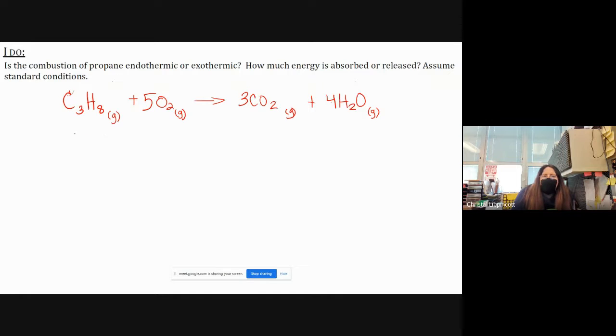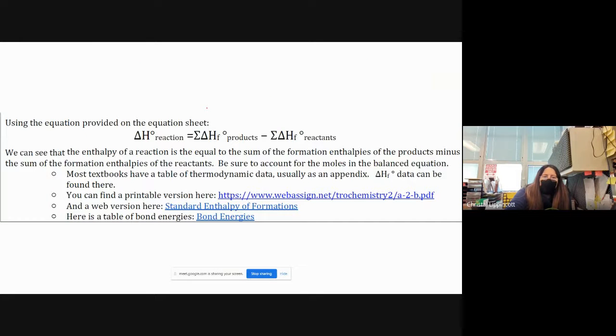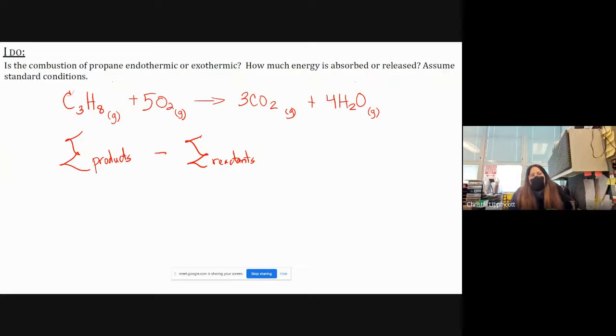So this is going to be the sum of our products minus the sum of our reactants. It's a sigma. I don't know how to draw it. You can look and see what it's supposed to look like. It's the sum of, is what it means.